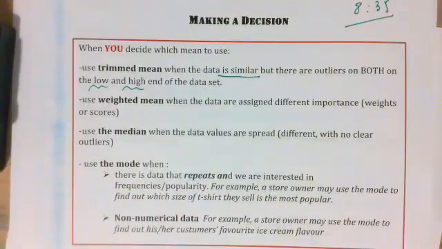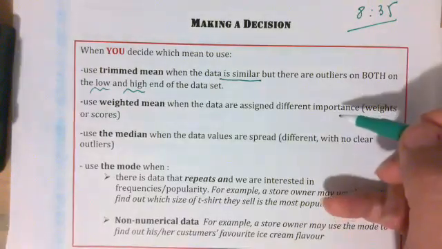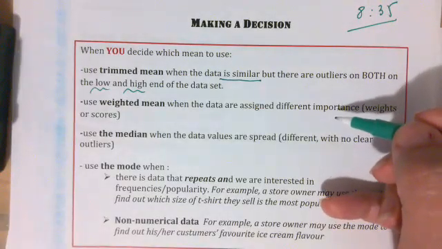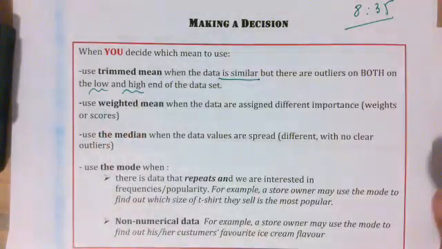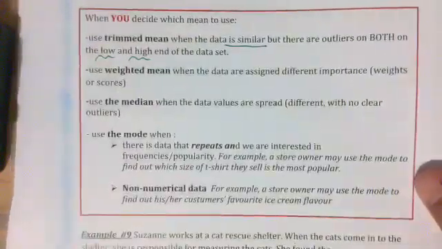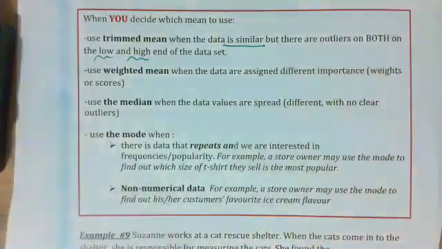And then we're going to use weighted mean when data has an importance assigned to it, a weight assigned to it, and that means we have to use the calculation called weighted mean. This one is probably the easiest one to figure out because you see the weights right there in the data.